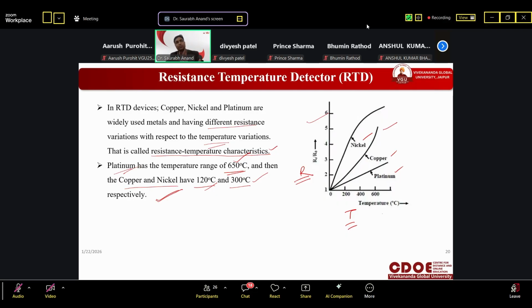Suppose you want to drive for 20 kilometers daily, then why should we spend 2 lakh rupees, right? So accordingly, we should opt for the vehicle depending upon the requirement. Similarly, if we don't want to detect more than 300, then why should we use platinum, right?